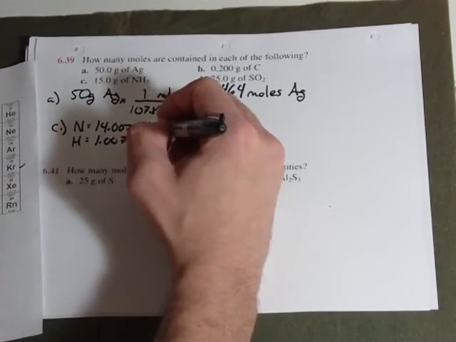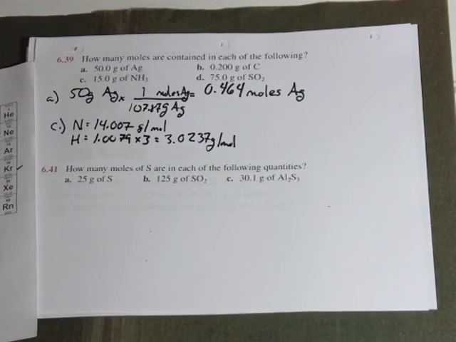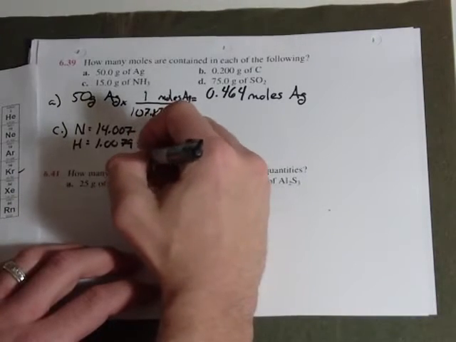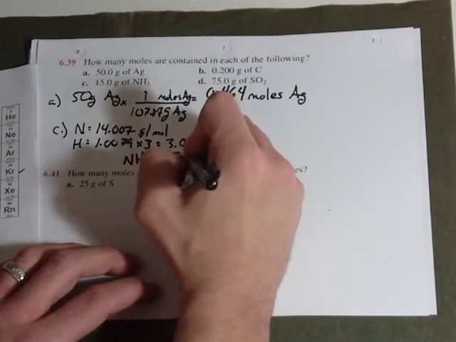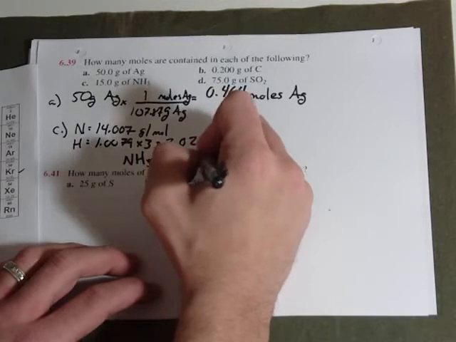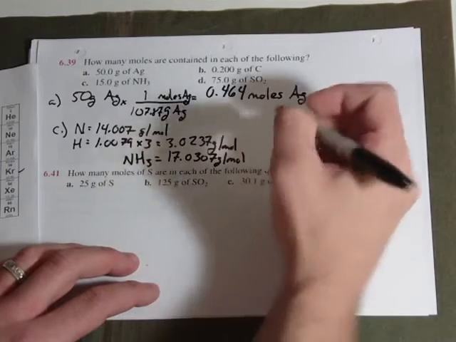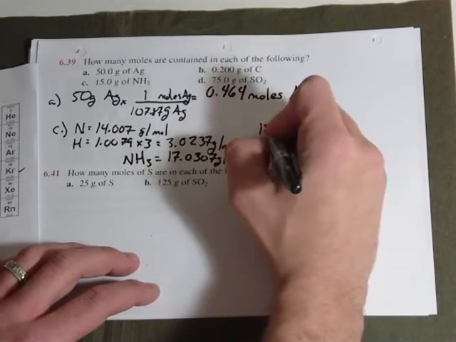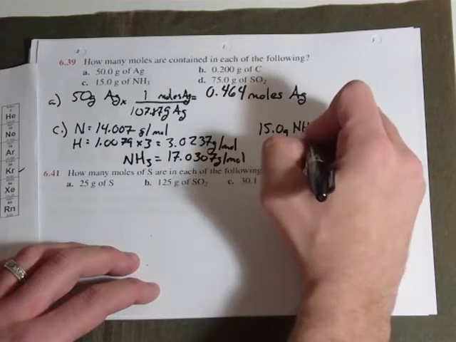Now we just have to add those two numbers together, and we get NH3 is equal to 17.0307 grams per mole.